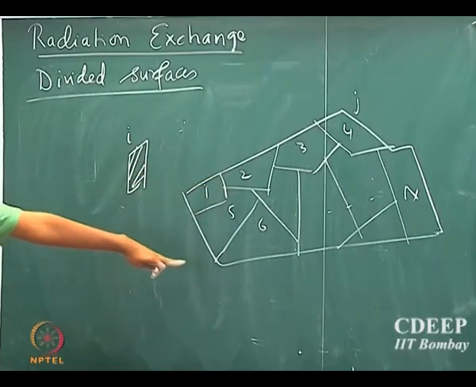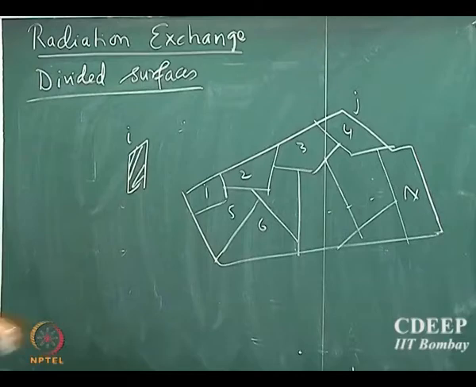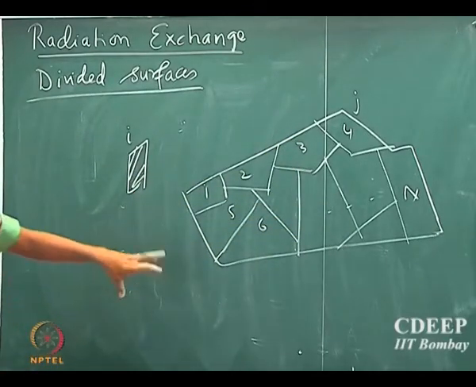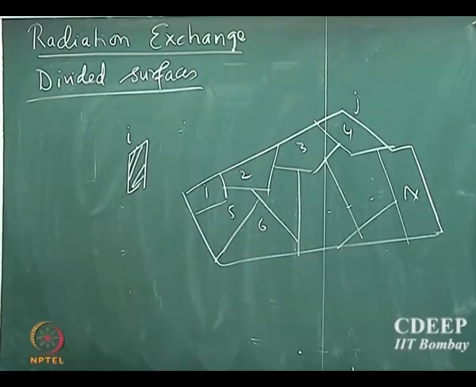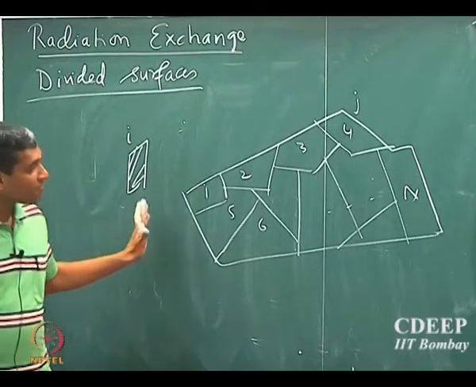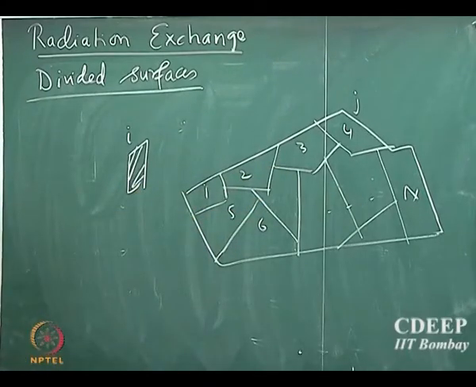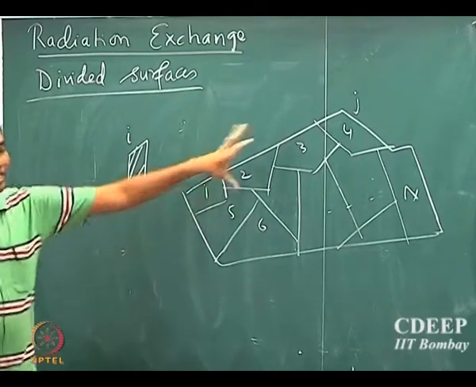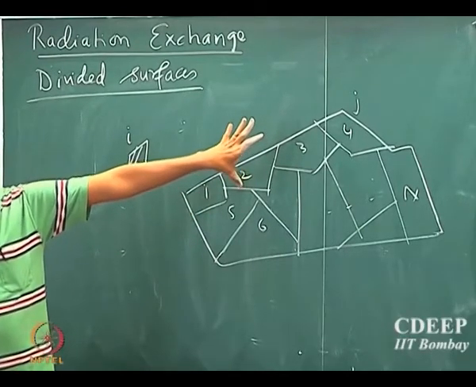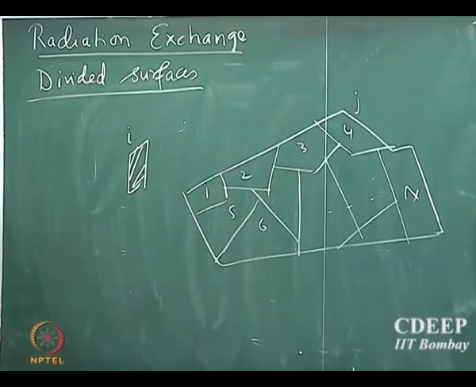So there can be two situations. Situation 1 is where each of these surfaces will have different properties, or it could be a complicated geometry. So instead of estimating the view factor for the whole surface in one go, you may want to divide them into small pieces and find individual view factors and find the overall view factor for surface J. So there could be two reasons for doing this.